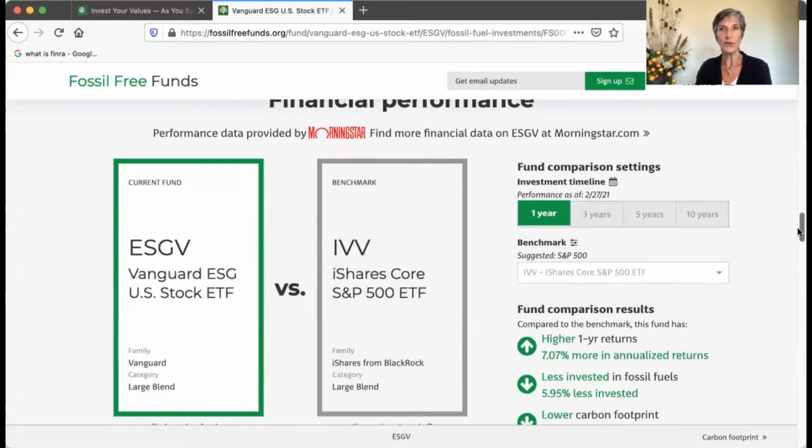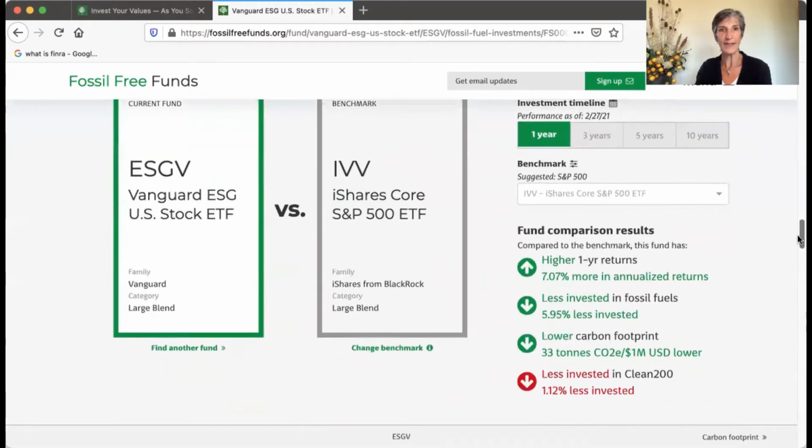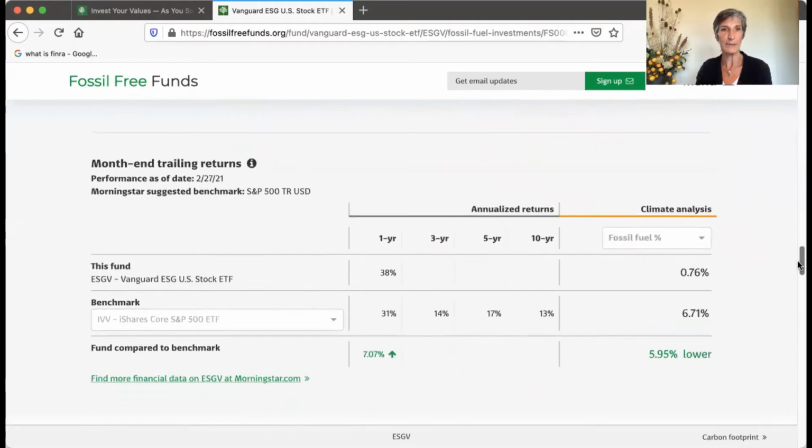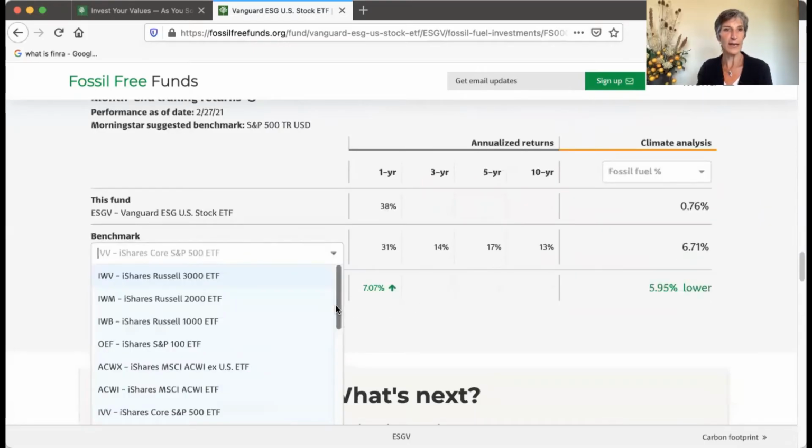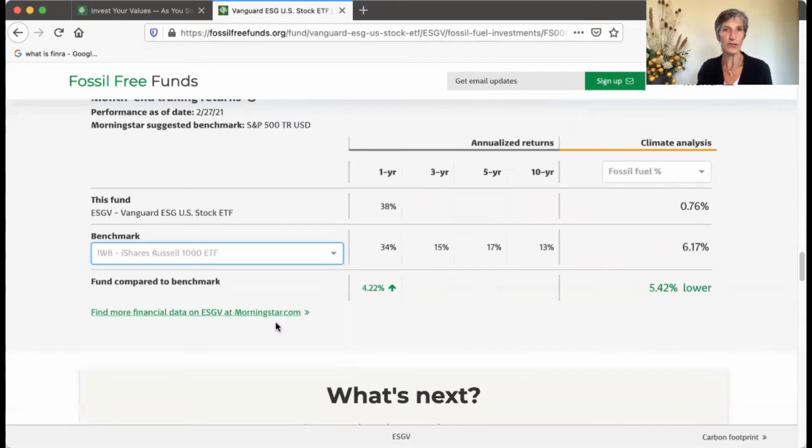Now, if we scroll down, and I'm going to go past this and go all the way down to the bottom, again, I happen to know that this particular fund is also benchmarked against the Russell 1000. So we're going to do a like by like comparison. And what we see is that this fund actually outperformed that index by a significant amount with a 1-year track record by 4.22%.